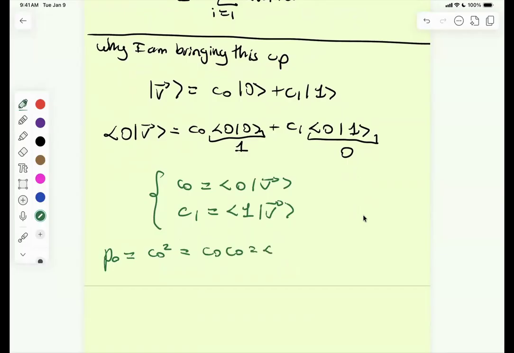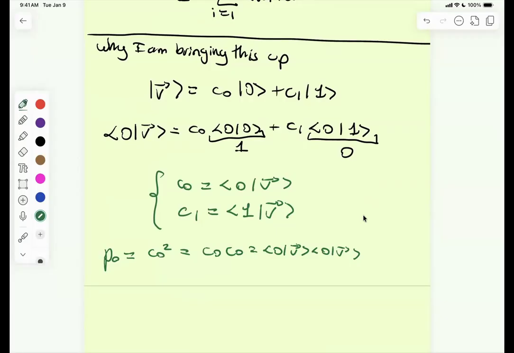So this is like the dot product of 0 with v times v with 0. These are just two numbers, so it doesn't matter; the dot product is symmetric, so it doesn't matter if it's 0.v or v.0.